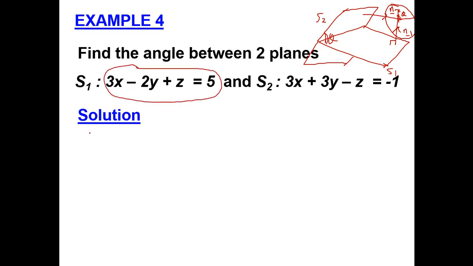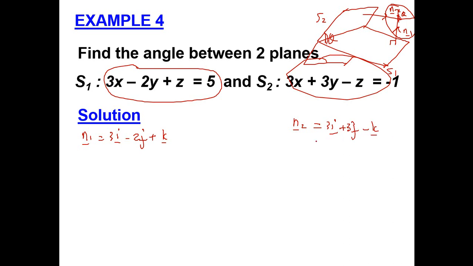This is the Cartesian equation form. From this, we can say that N1 is equal to 3i minus 2j plus k, and N2 is equal to 3i plus 3j minus k.